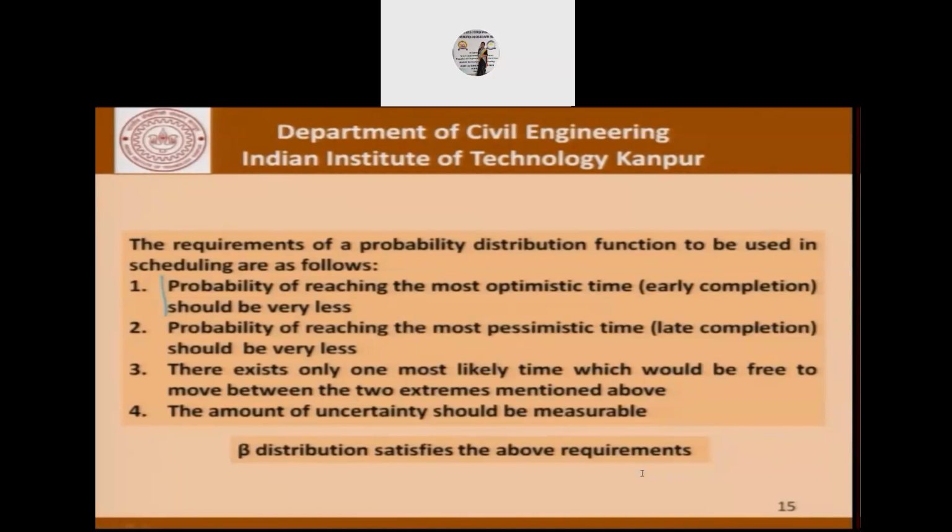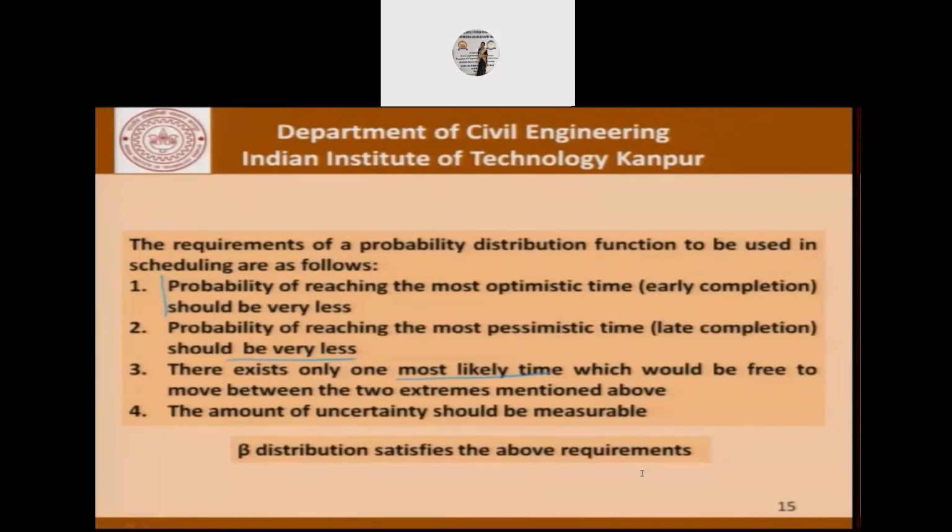The probability of reaching the most pessimistic time should be very less. That is, there should be a time where we will definitely be able to complete the project under most adverse conditions. Then there exists only one most likely time which would be free to move between these two extreme conditions.